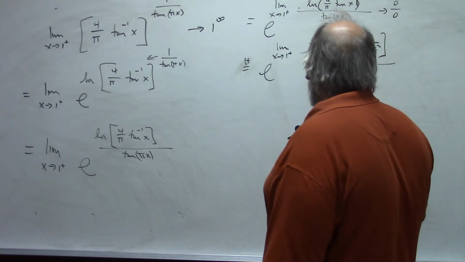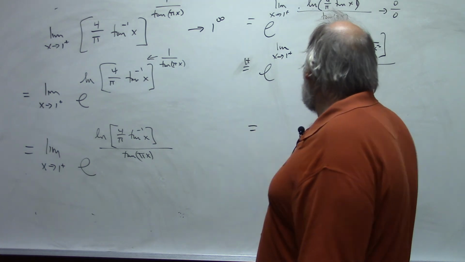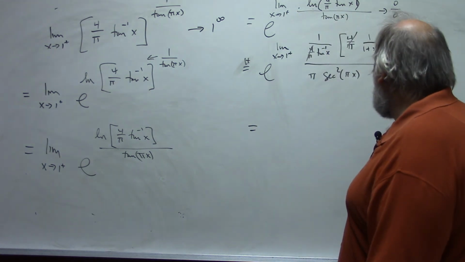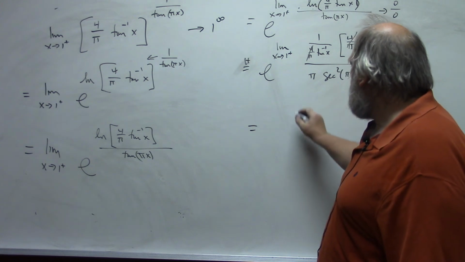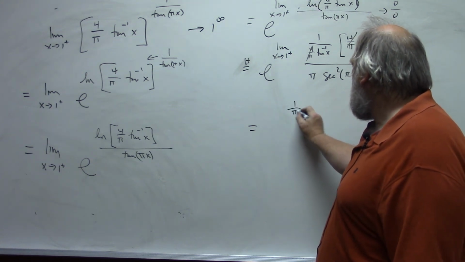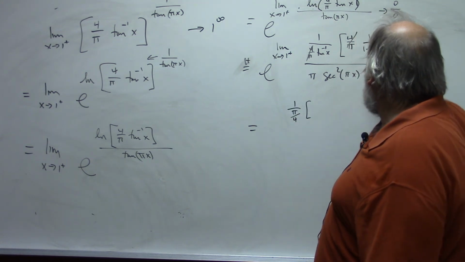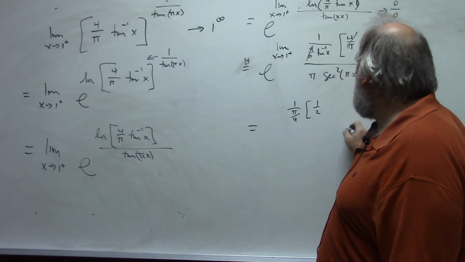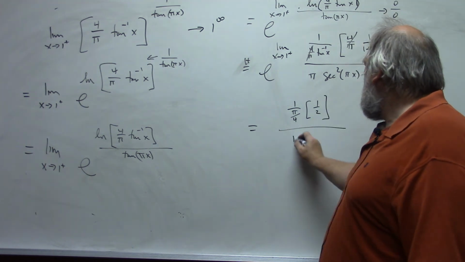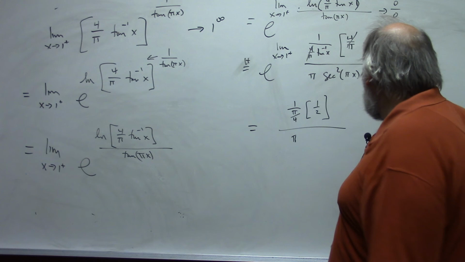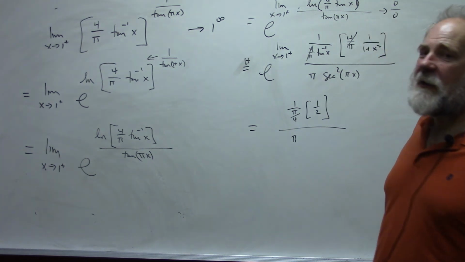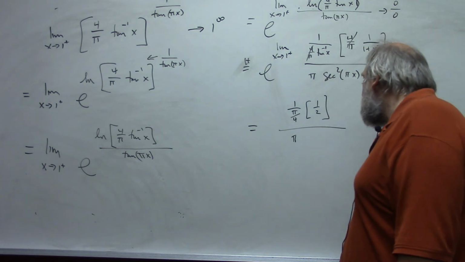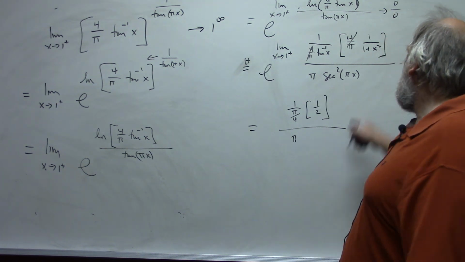And if I take the limit as x goes to 1 from the right, the arctan of 1 is pi over 4. This becomes 1/2, all divided by the secant of pi squared, 1 over the cosine of pi. The cosine of pi is -1.